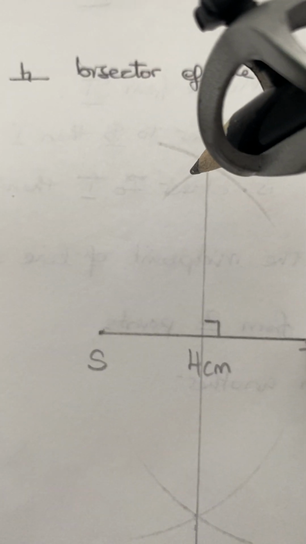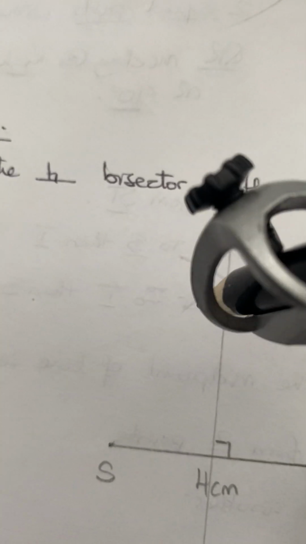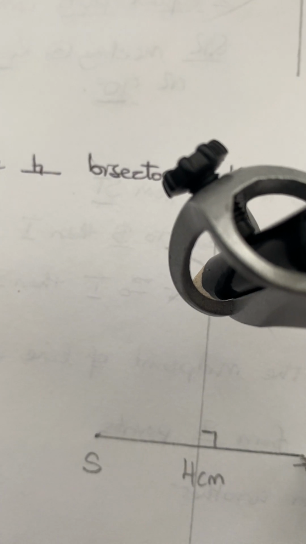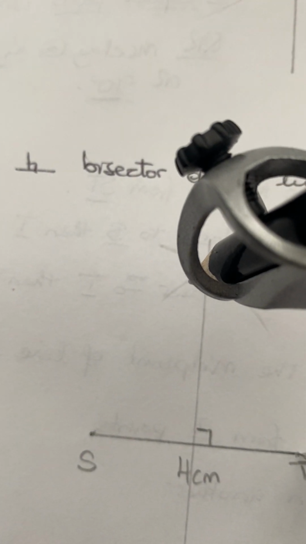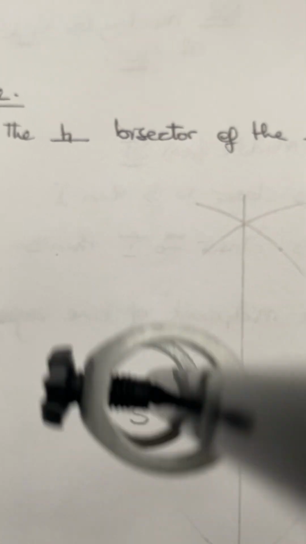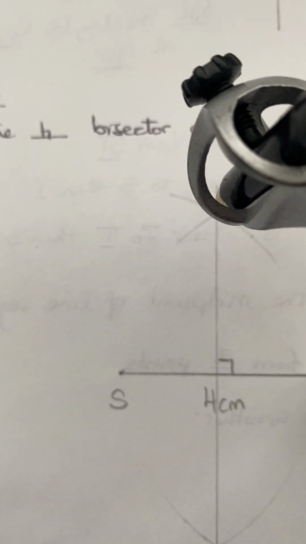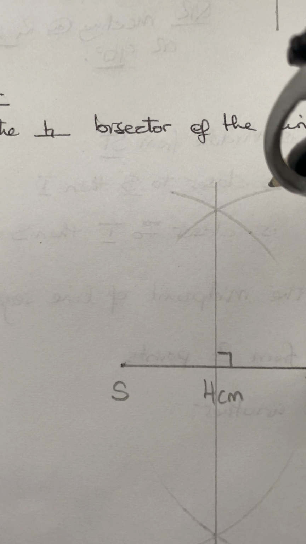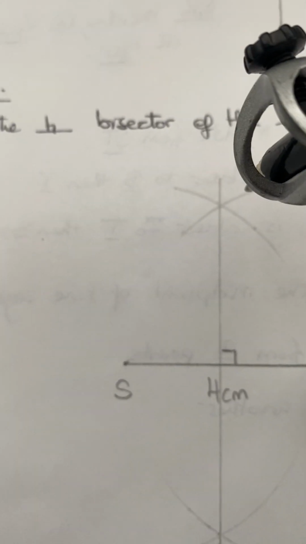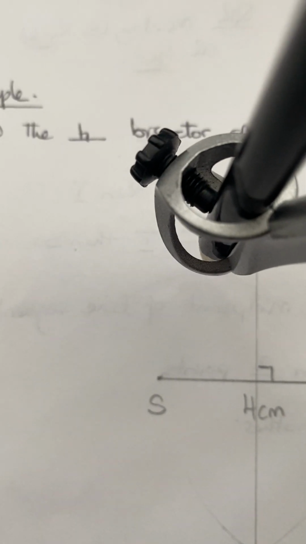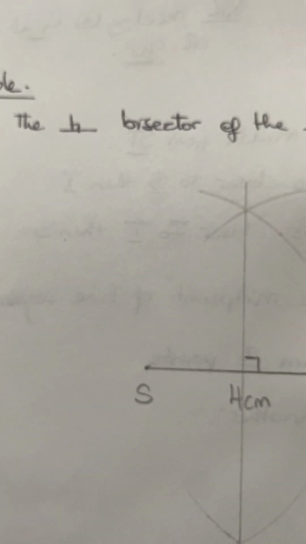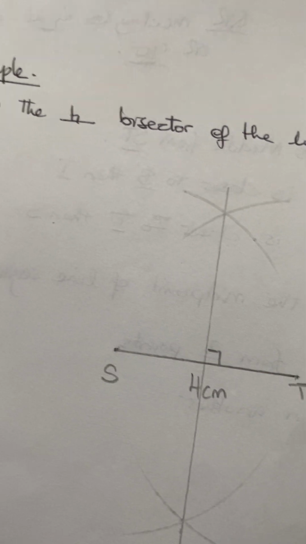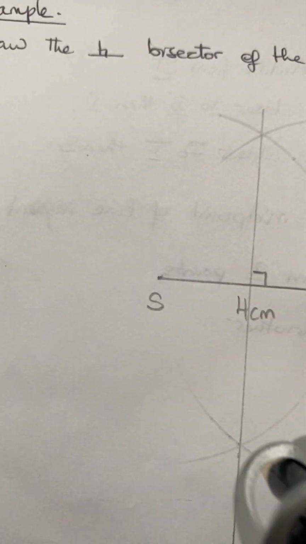At S, I cut 4 centimeters with an arc. Use the same arc length, don't change it. Then I do one at the top and one below with the same size.